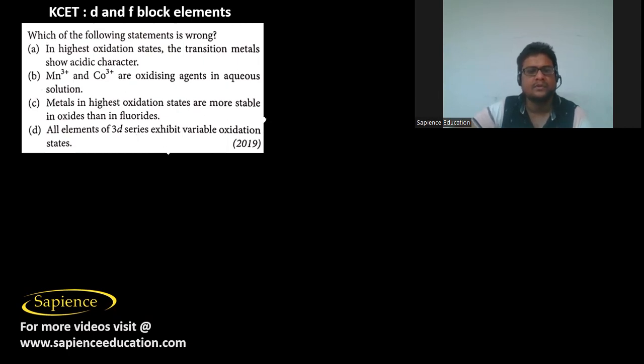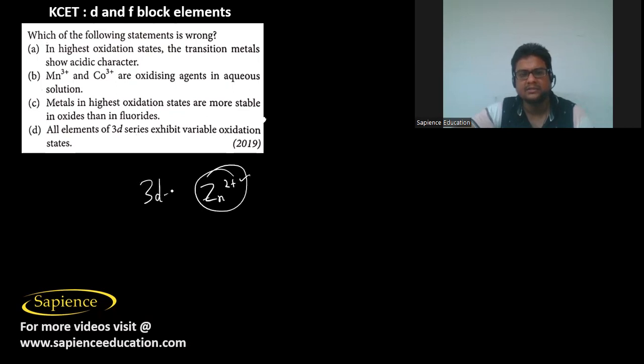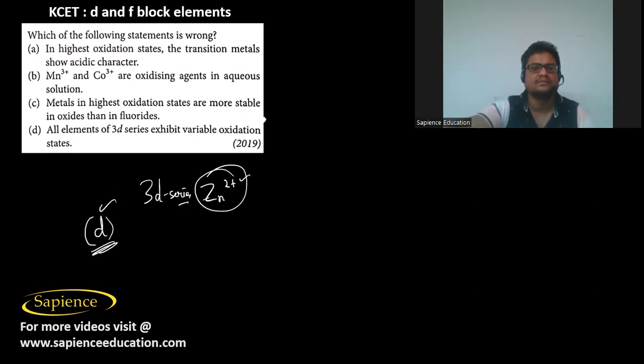Okay, so all elements of 3d series will not exhibit variable oxidation state, like zinc. Zinc will only show +2 oxidation state. It will not show any other oxidation state. And zinc is a 3d transition series element. So hence option D is the wrong statement. So it is the correct answer.